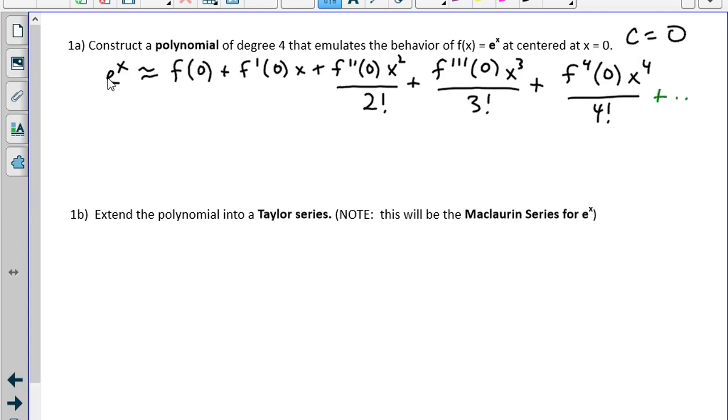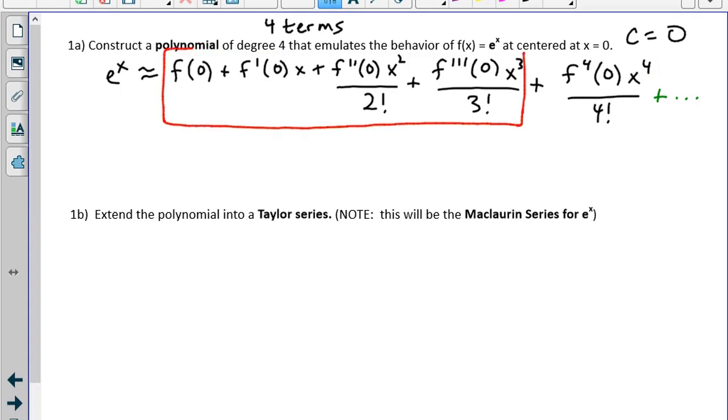Now, we could continue adding a bunch more terms, but it tells us that it wants the polynomial of degree 4. So degree 4 means I'm going to stop when the degree is 4. That is different from a question, which we don't have on this worksheet, that asks for a polynomial with 4 terms; we would need to stop here.